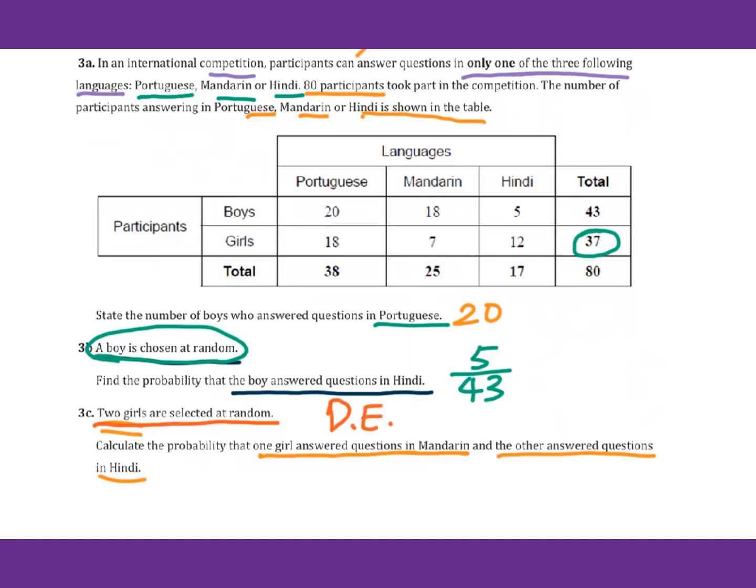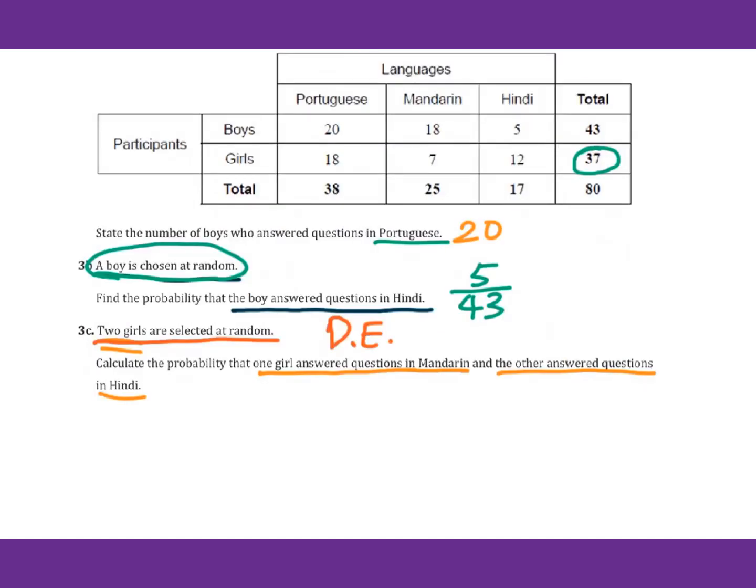In other words, the denominator will decrease. When you analyze the question, they said one girl answered questions in Mandarin, the other answered questions in Hindi. They didn't say the first one answered in Mandarin or the second girl answered in Mandarin. Therefore, you have 2 options.